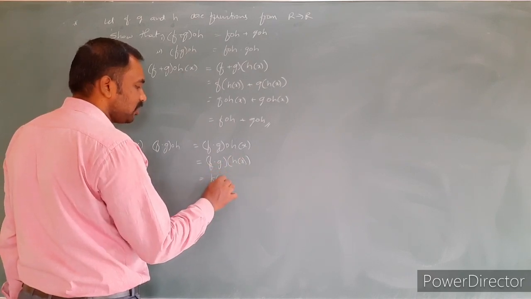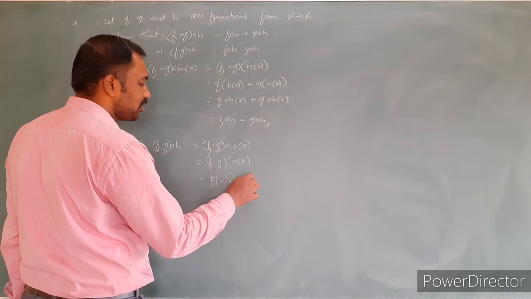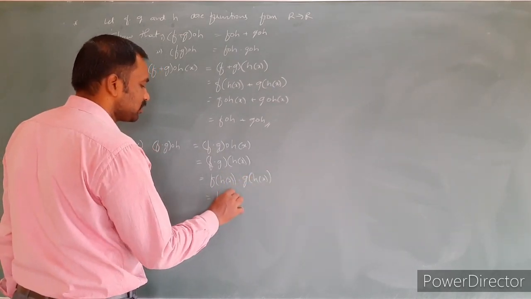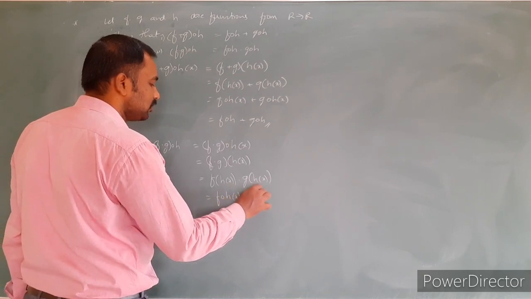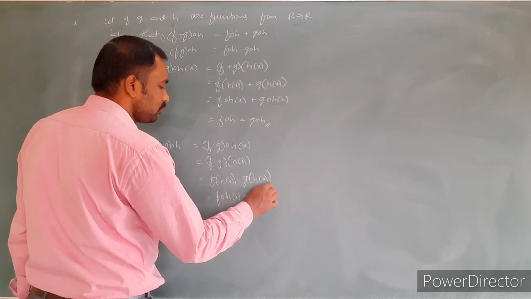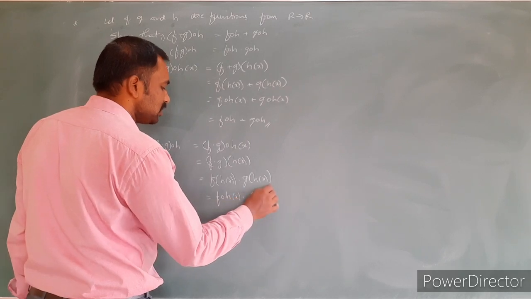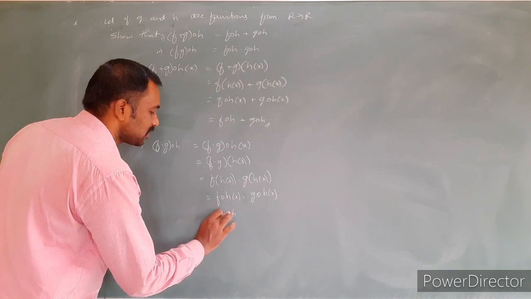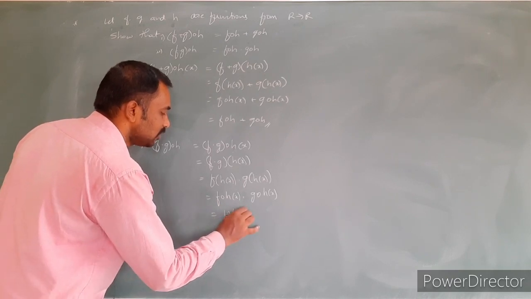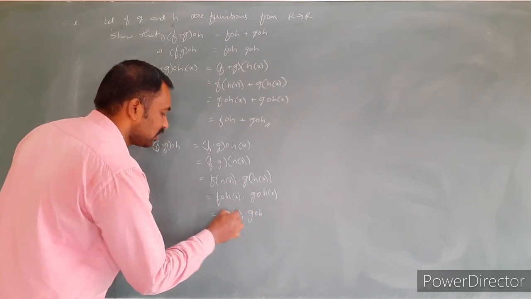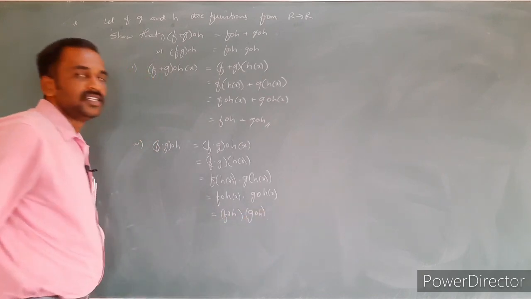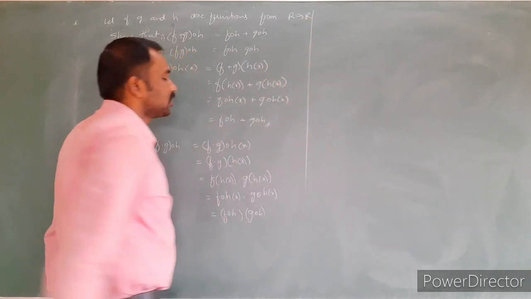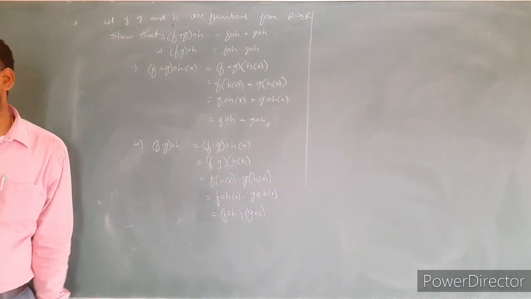So f of h of x into g of h of x, which we can write as f circle h of x into g circle h of x. Finally we can write f circle h into g circle h, or if you need, you can write the bracket. Hence LHS is equal to RHS. Very important, they used to ask it for 2 marks.